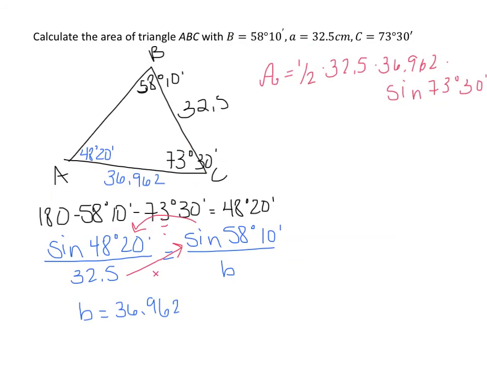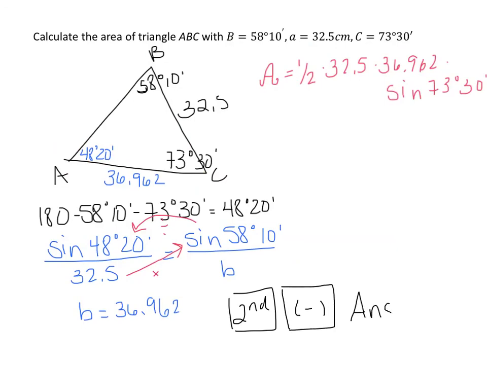Now when I put this into my calculator, remember this value that I calculated? If you hit the second button, and then the button that's the negative sign, what it will pull up is ANS. It will fill that spot with whatever the last value that it calculated.